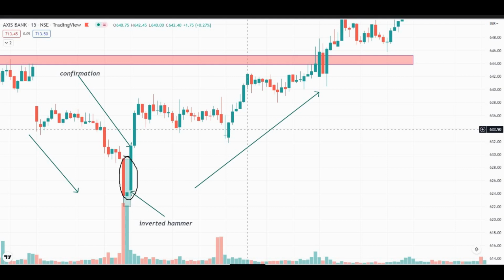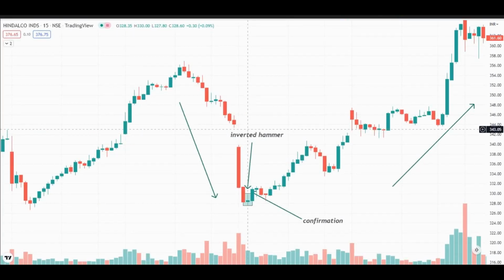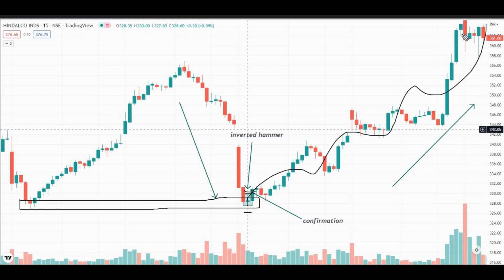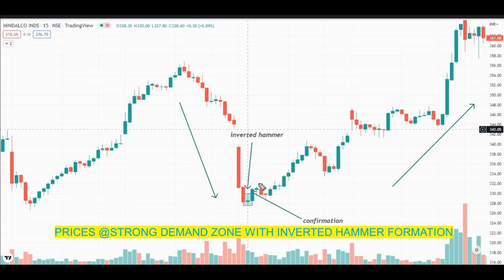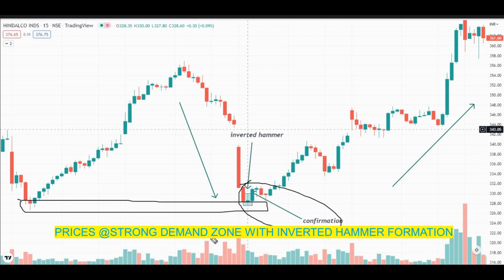Okay, see, proper downtrend, inverted hammer, confirmation, trend change. And also see, this is in a very strong demand zone also. Okay, inverted hammer, confirmation, buy, SL, huge upside movement after that. So always combine the candlestick patterns with market structure, volume and trend analysis, and then take your trades based on that.